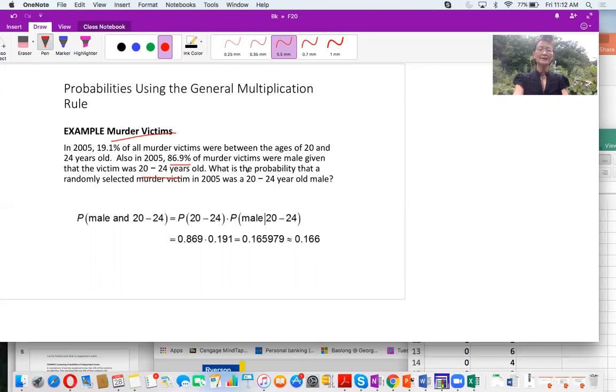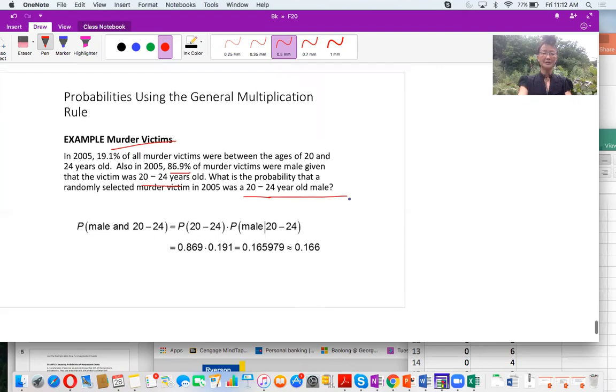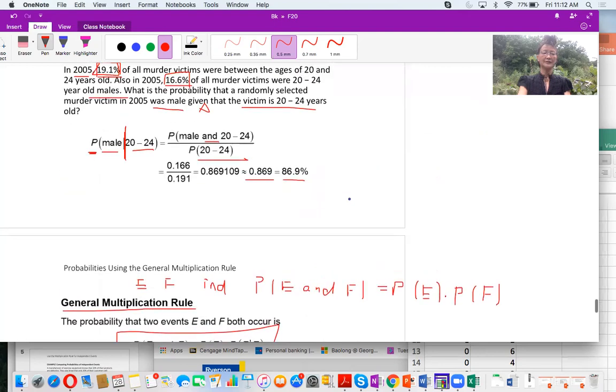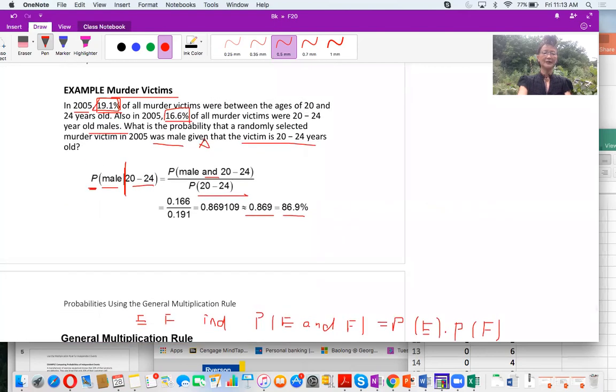What is the probability that a randomly selected murder victim was a 20 to 24-year-old male? You see the difference between this question and the question here. That question was a conditional probability: what is the probability the person was male, given he is 20 to 24 years old?